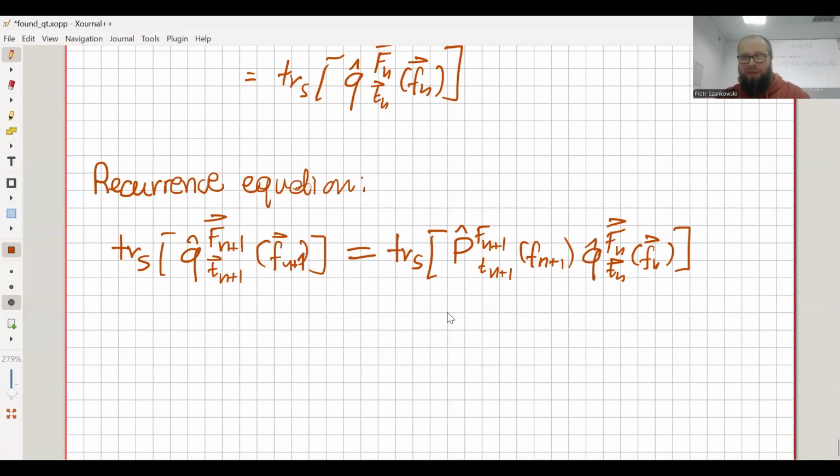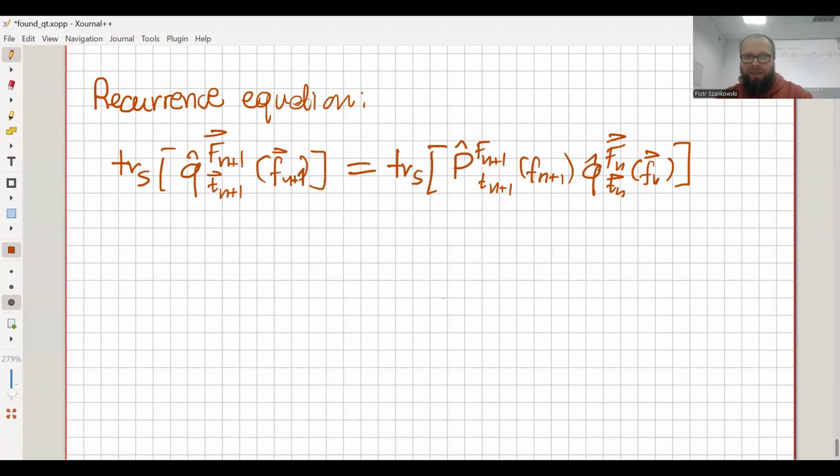Which also, since this is an orthogonal projection operator, it's idempotent, right?